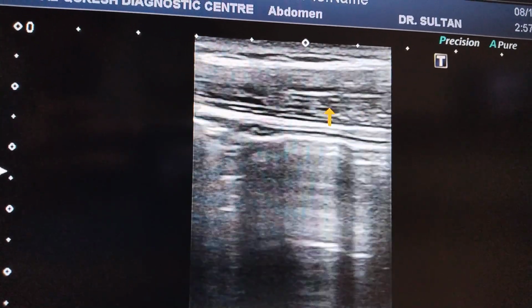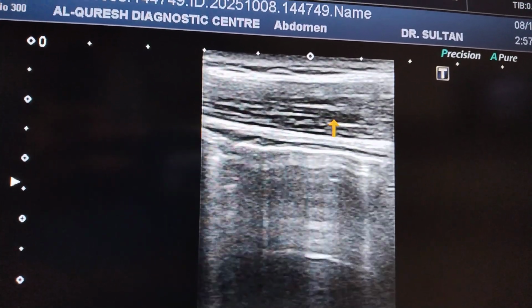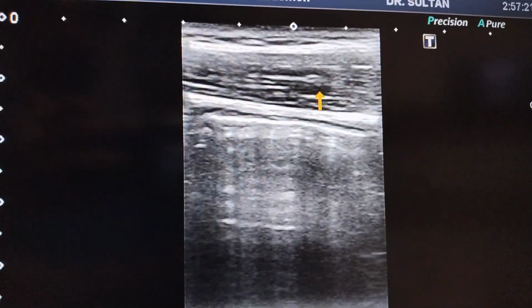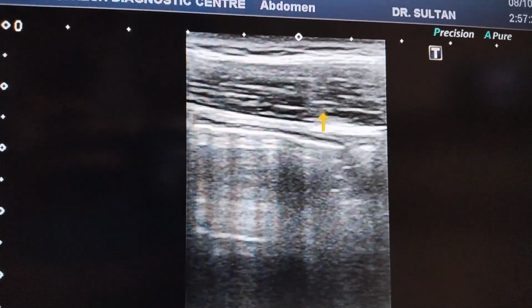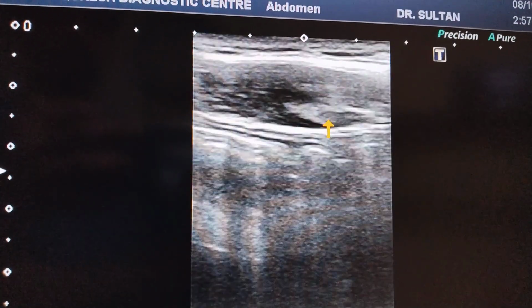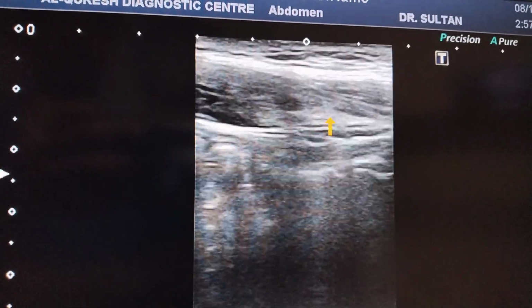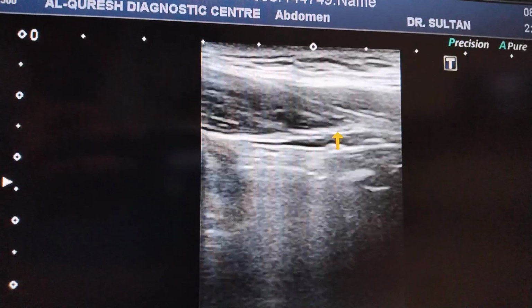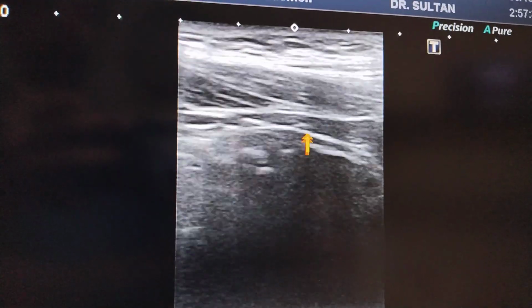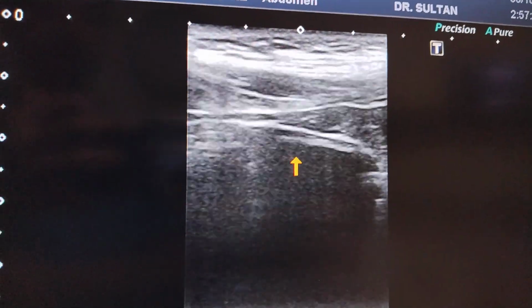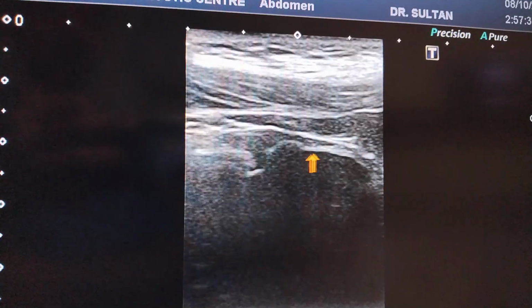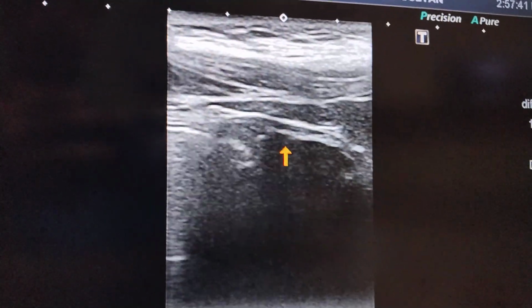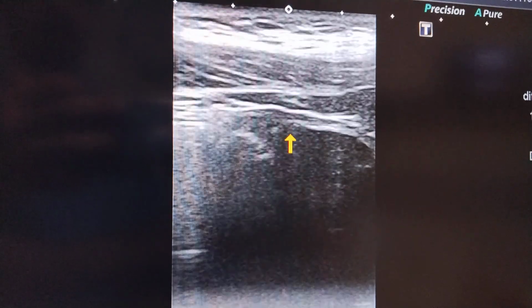Then, in this orientation, I am moving downward following the muscle. This is the muscle belly of the rectus abdominis, and then I reach the bone, that is the pubic bone. This is the insertion site of the rectus abdominis muscle.